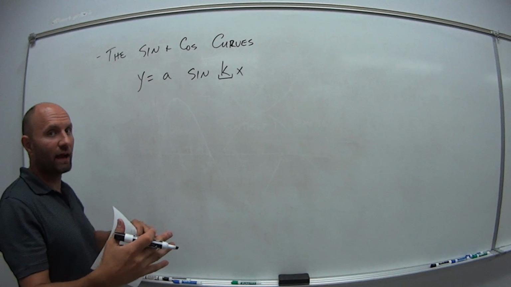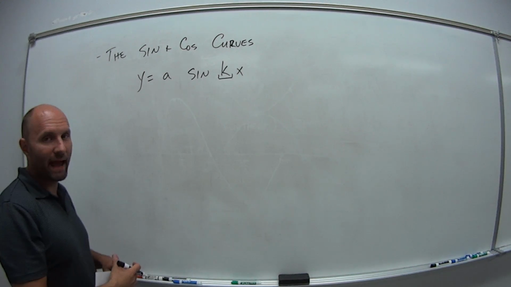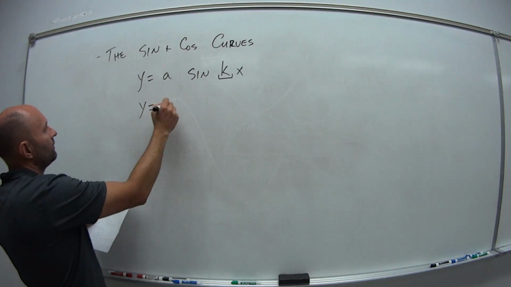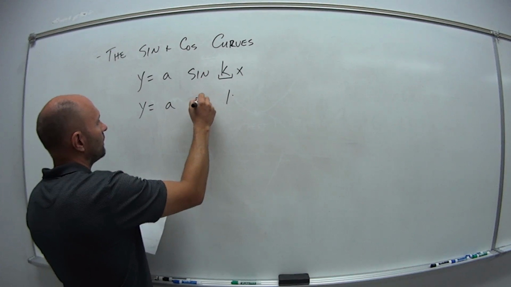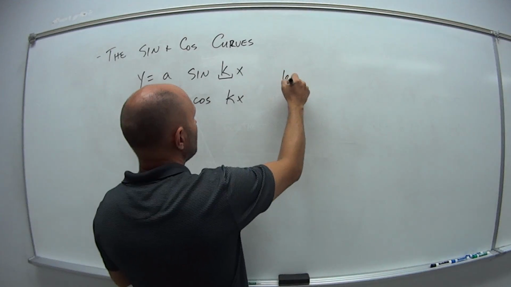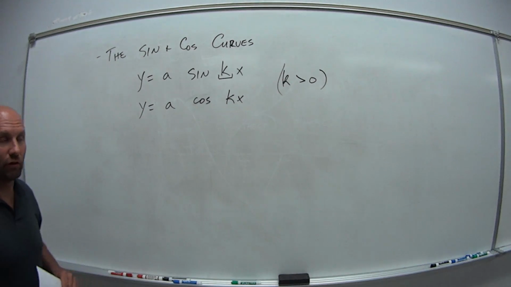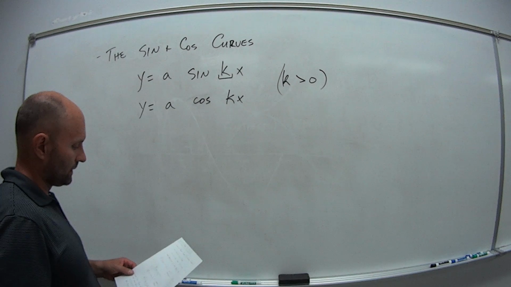So between sine and x, we're putting some other number. Could be 2, could be a half. It's going to be some other number. Or y is equal to a cosine k times x. And again, both of these cases, k is some number greater than 0. Could be a fraction, could be a large number, but it's positive.